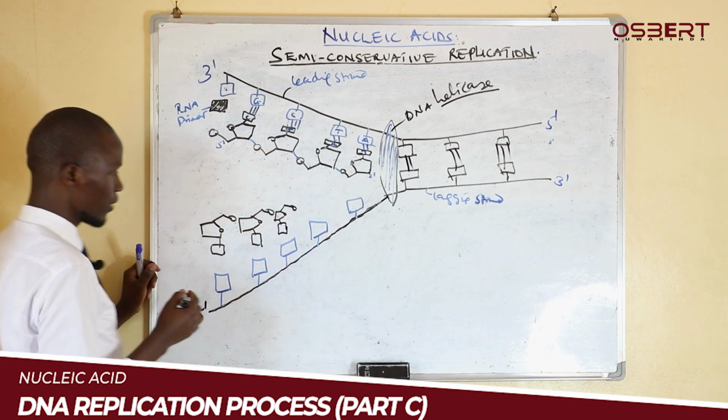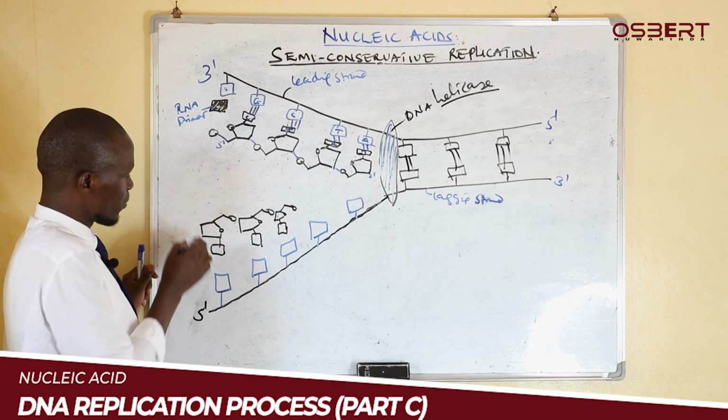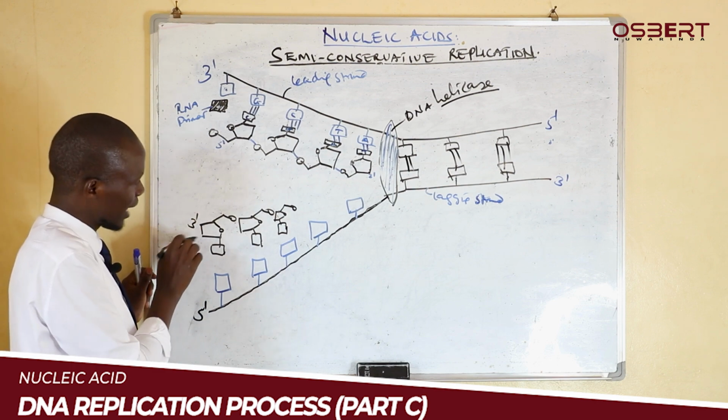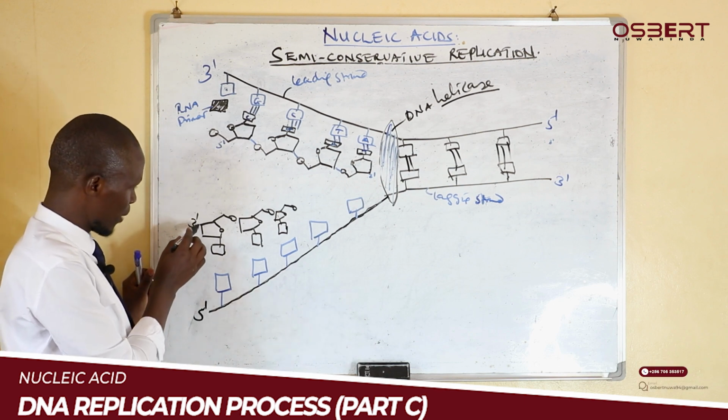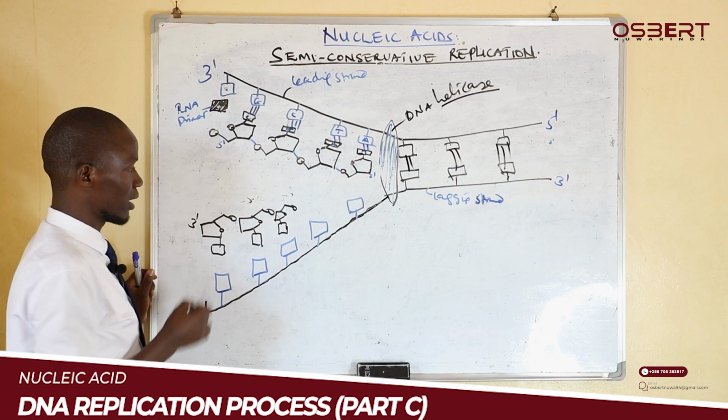So if this is 5', the chain added here was supposed to be added in this format, because this will be 3', so that we end up having the 3' and the 5' in that format.